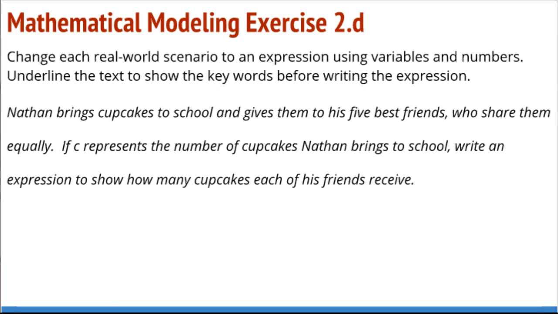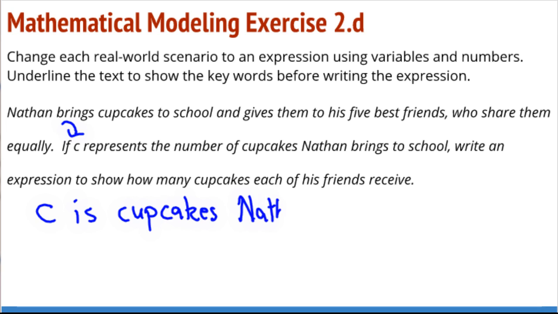All right, Nathan brings cupcakes to school. Cupcakes. And gives them to his 5 best friends who share them equally. So C is the number of cupcakes Nathan brings to school. Now I want you to notice that I am taking the time on each of these problems to write down what I know, indicate my thinking here.